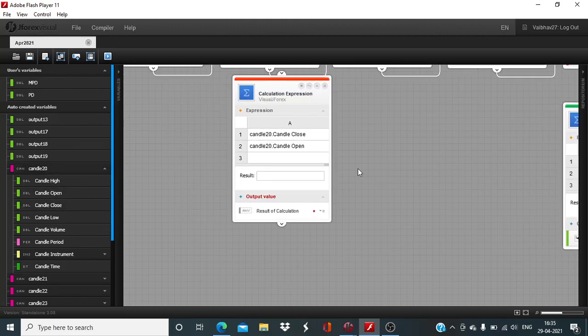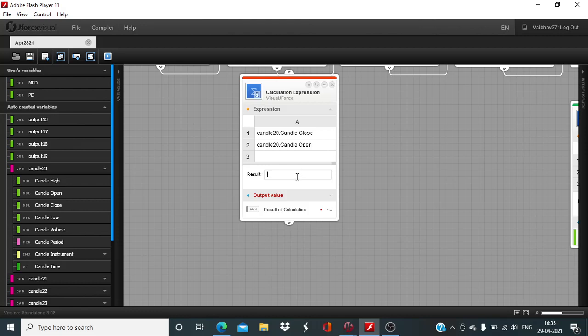This difference between the two values should be more than 10 pips. A1 minus A2.